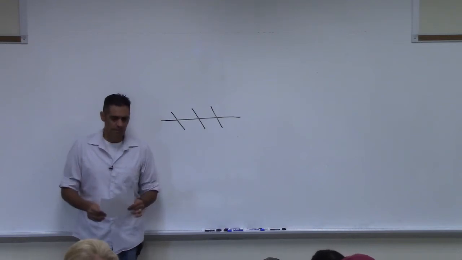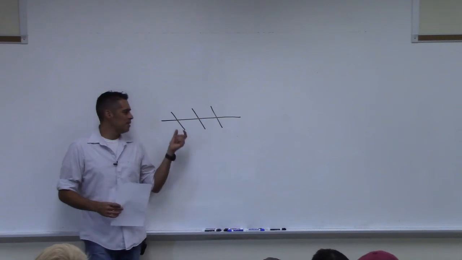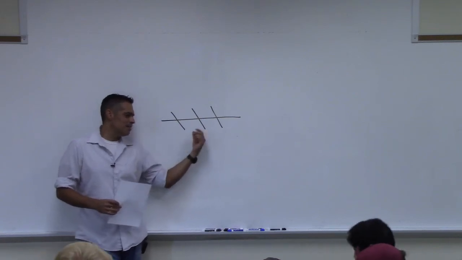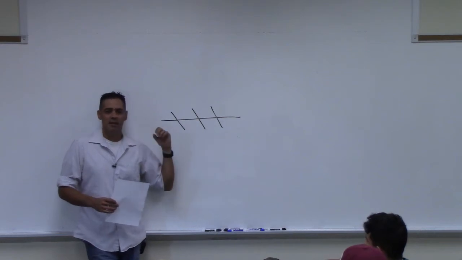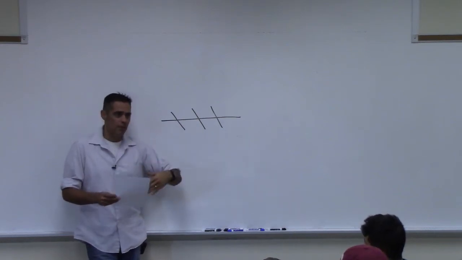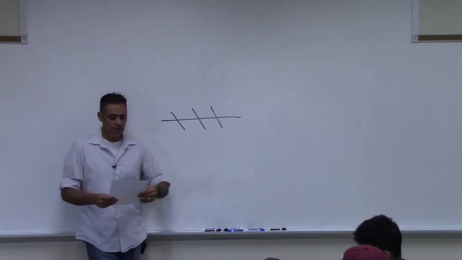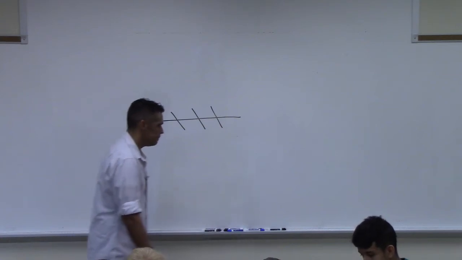And there was another problem on the test where it was something cubed times something real nasty over something nasty. If you try to take the derivative, it's real ugly, but if you do logarithmic differentiation, it becomes a lot easier. So those are the two types of problems you could see with logarithmic differentiation.